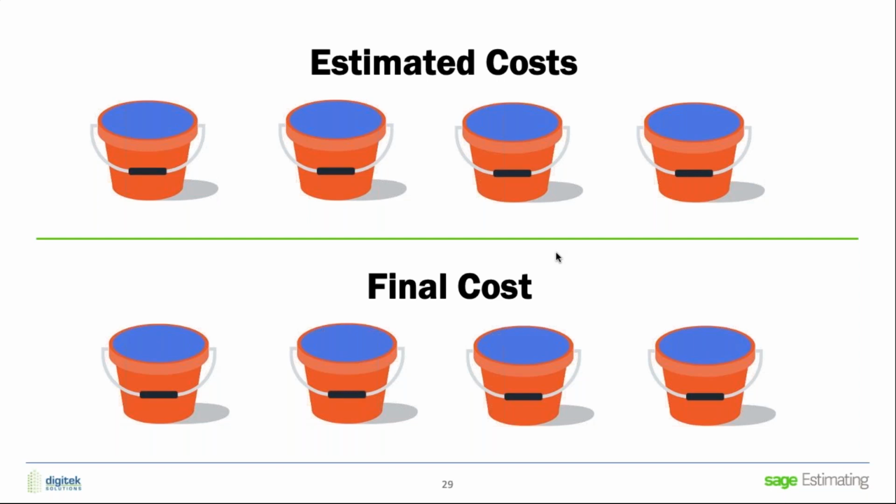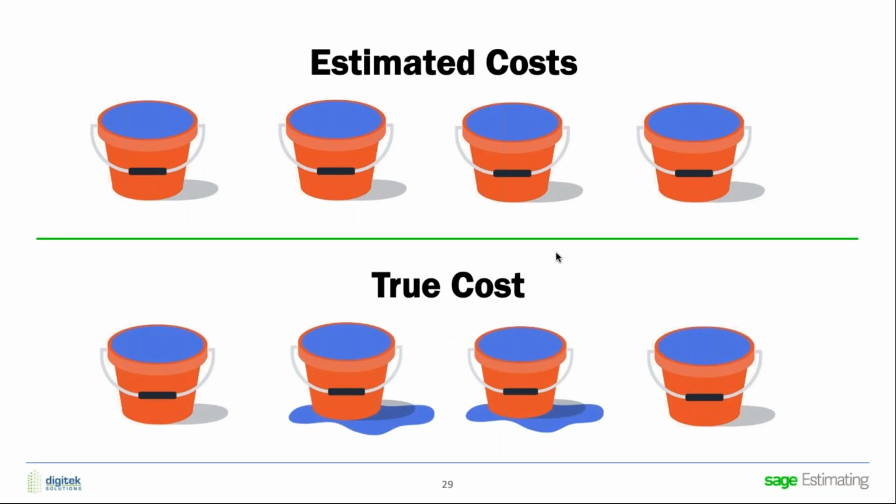The problem is without the right data, we don't really know what those final costs were. And this is what it should really look like: some buckets should be lower than others, some buckets should be overfilling. We should identify where those true costs are. So if a bucket is spilled out, if it's overflowed, or if it hasn't filled up enough, we can take that information back to the estimator.